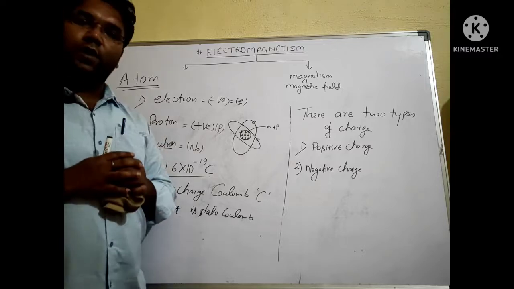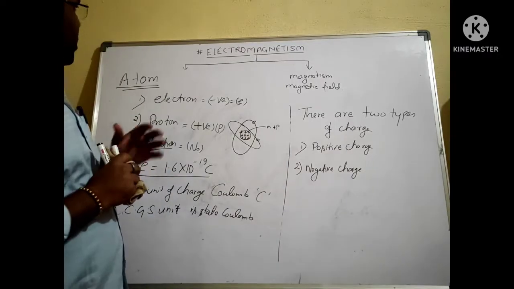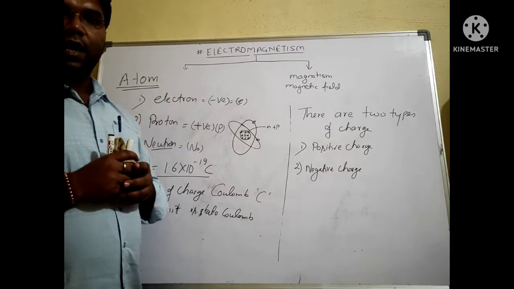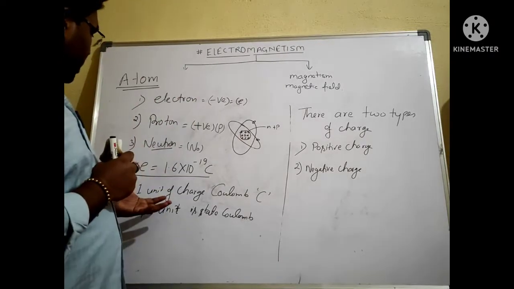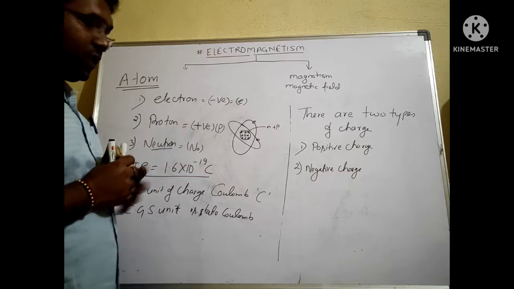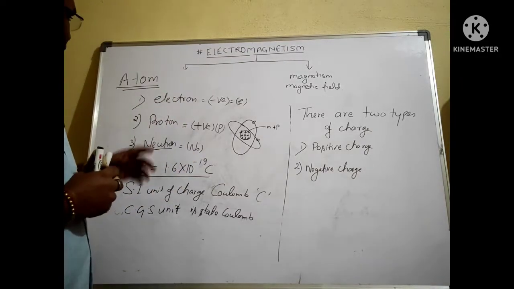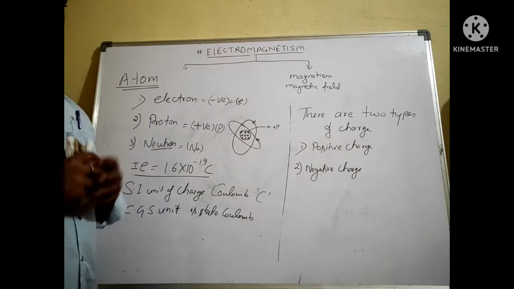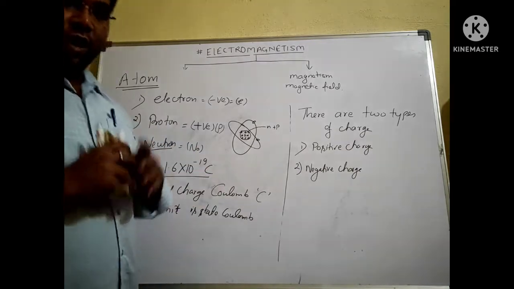So I think today you understand about the atom and the charge, how the atom has positive and negative charge, and the value of the charge of electron and proton. I think it is very much clear.